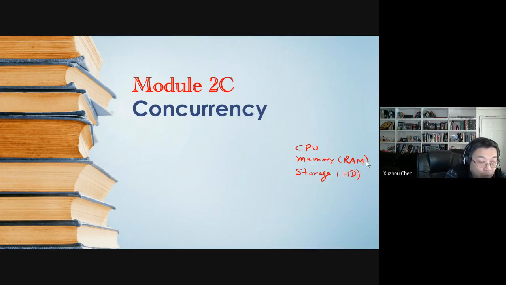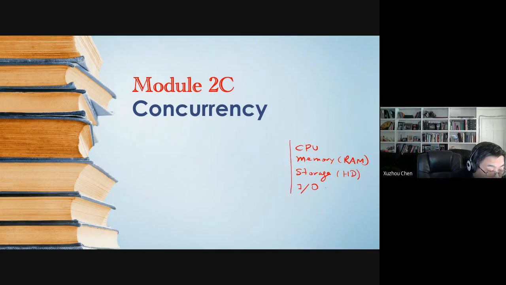Memory is not really permanent, so these are two types of storage: memory is called volatile storage, and the traditional storage is called non-volatile, which means once the data is stored in the hard disk, it will stay there even though you turn off the power and turn the power back on. The data stored in the hard disk is still going to be there, but the memory is different. And also we're going to talk about I/O.